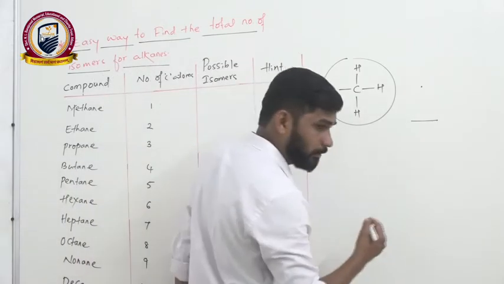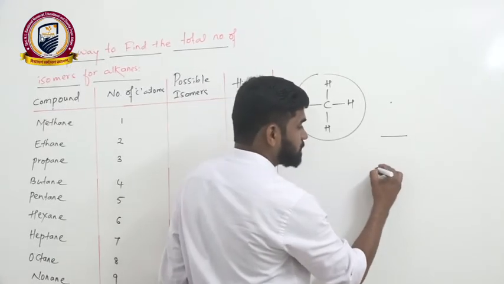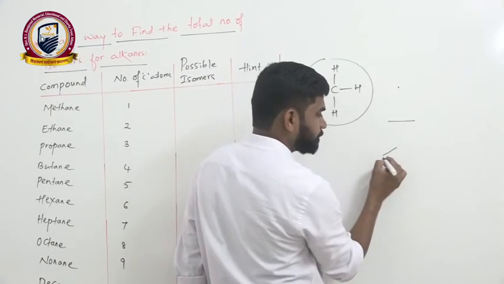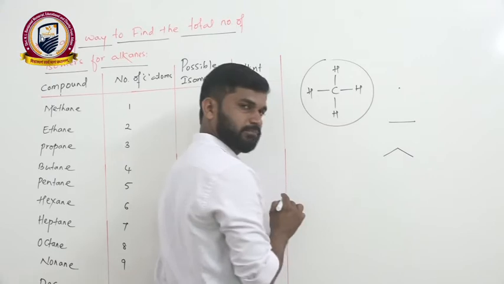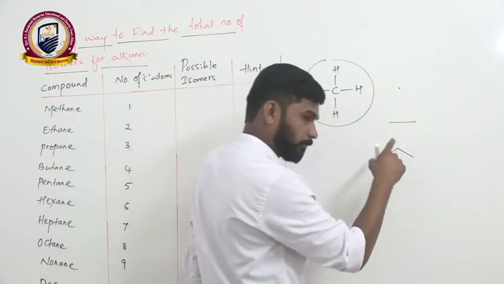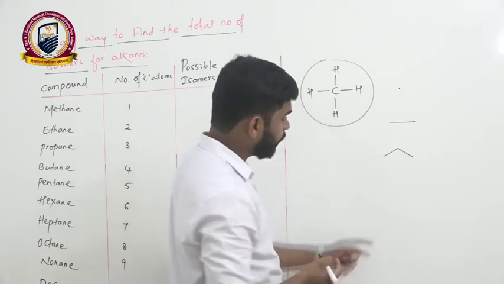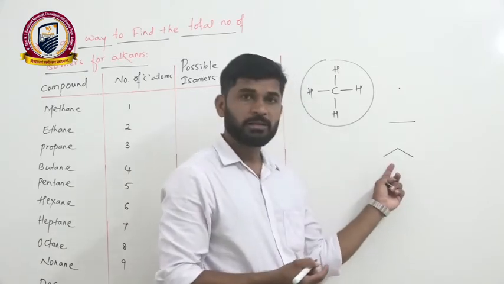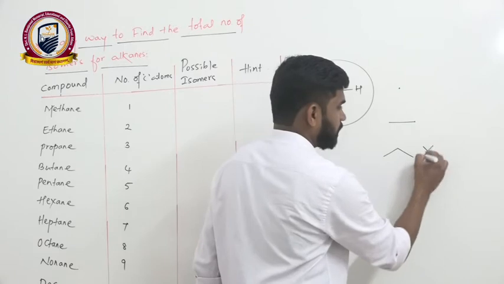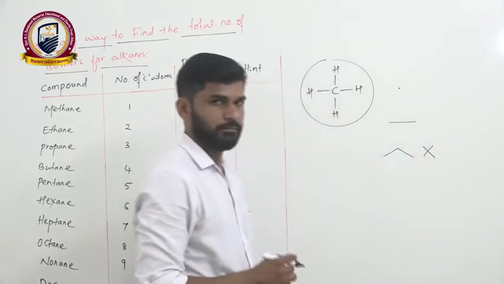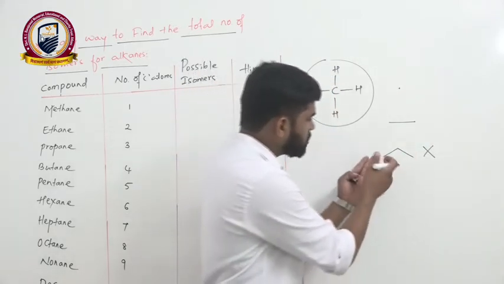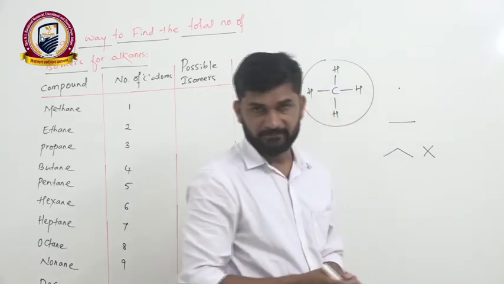Propane has how many carbon atoms? 3. So its bond line structure will be in this way. This is called propane. If you are going to write the possible isomers for this propane, no possible isomers are available because you cannot arrange all the 3 carbon atoms in a different way.